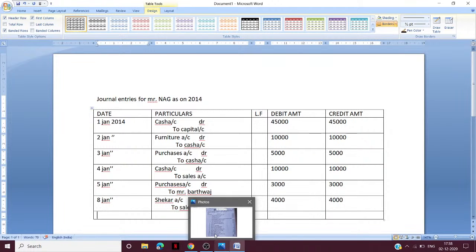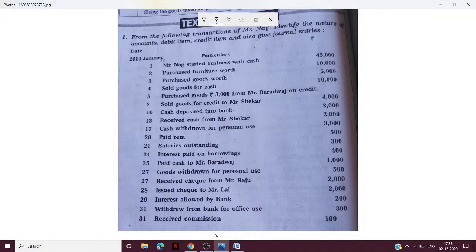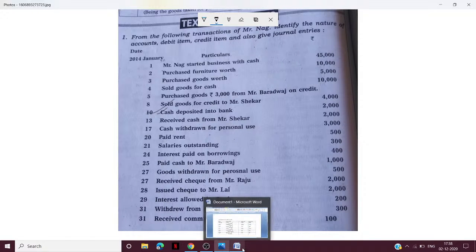And next, cash deposited into bank. It is very important. Always remember, cash deposited into bank always comes.